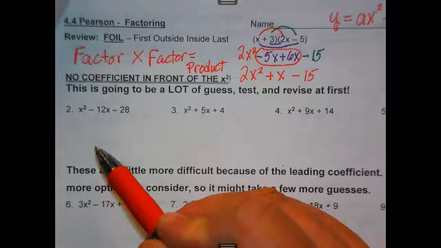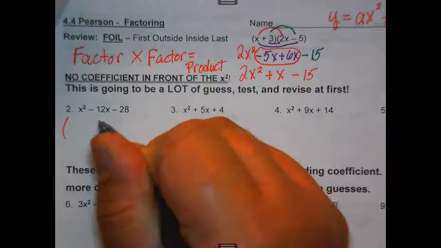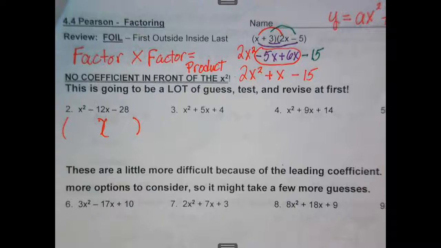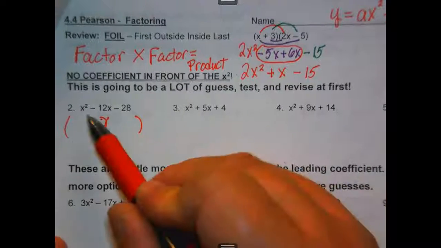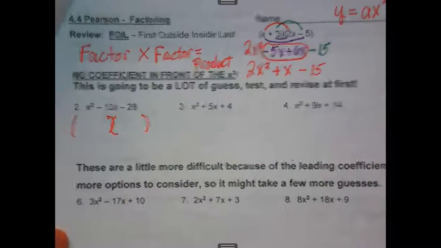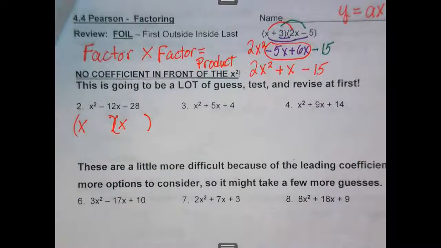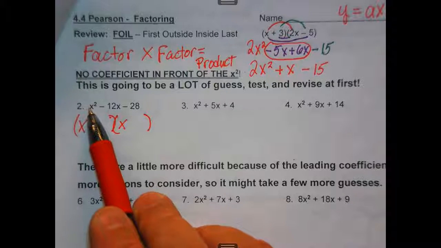You can do them in your head. I have to come up with 2 binomials. The only way to get x squared is what? X times x. It's the only way to get x squared. That's why these are easy when a is 1.